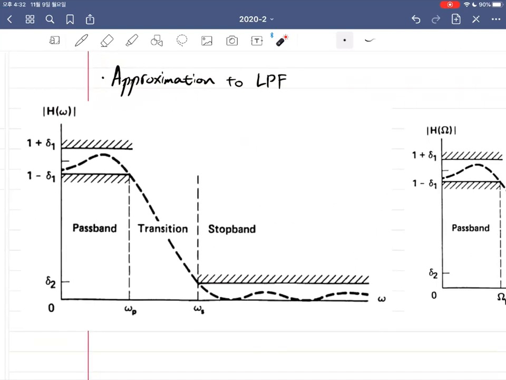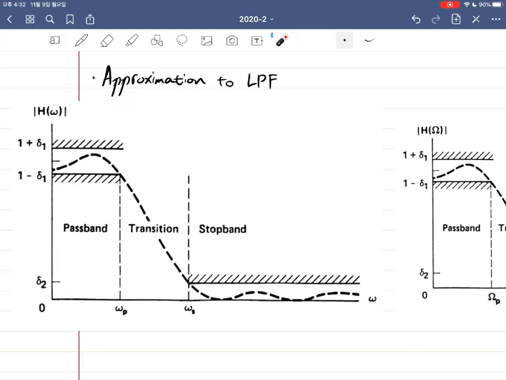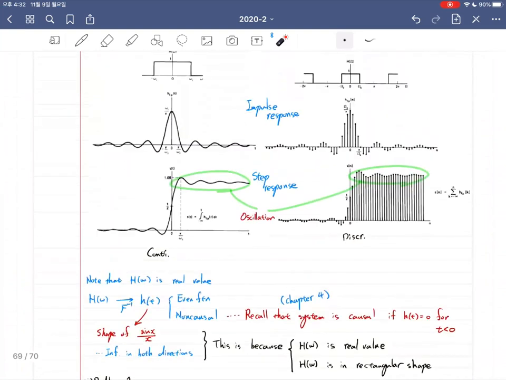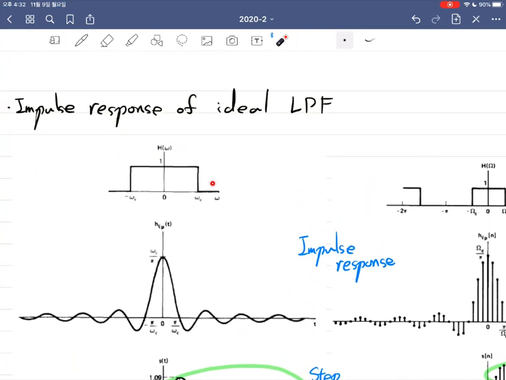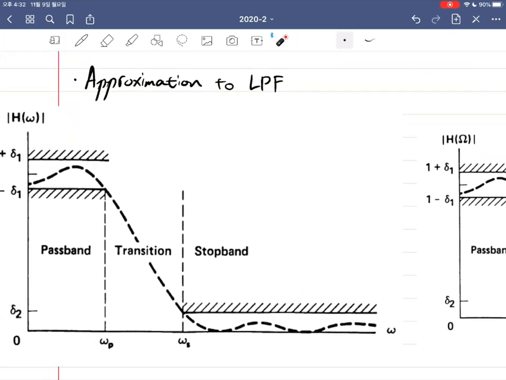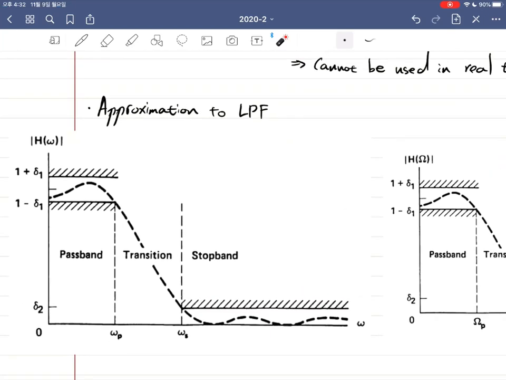And if you carefully look at this curve, and compare it to the ideal LPF, then first of all, you do not go from passband to stopband immediately, but there is a gradual transition part.